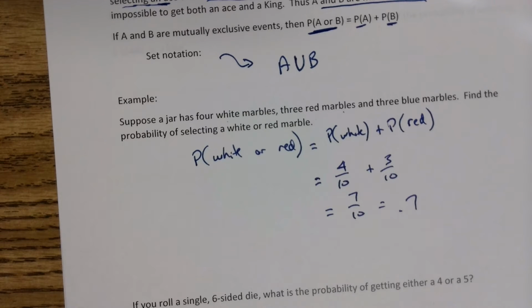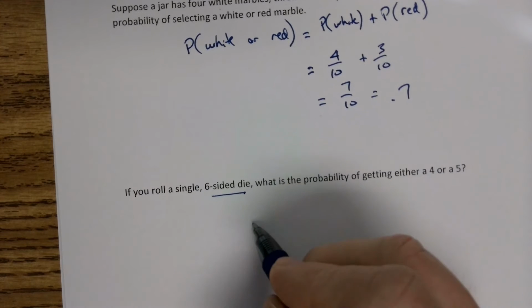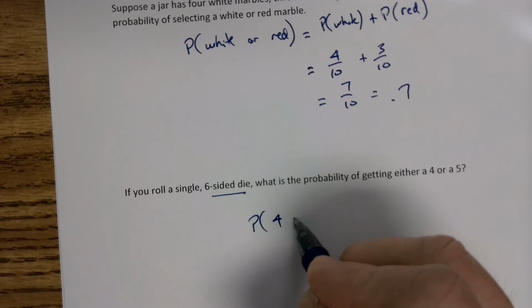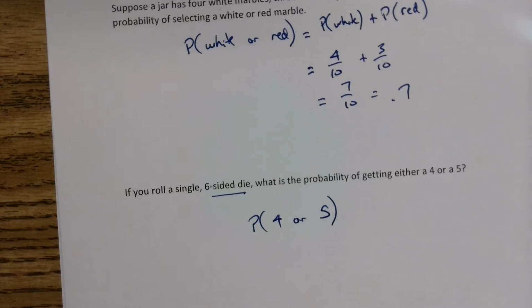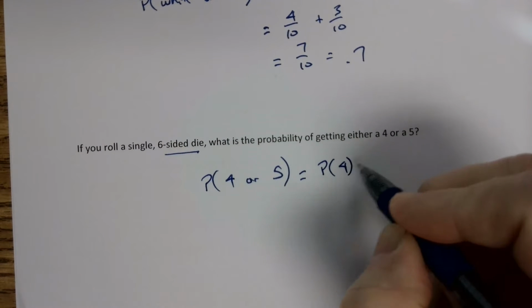We like to roll dice, cards, and jars of marbles. So a single 6-sided die, what's the probability of getting a 4? Probability of a 4 or a 5 would be the probability of 4 plus the probability of 5.